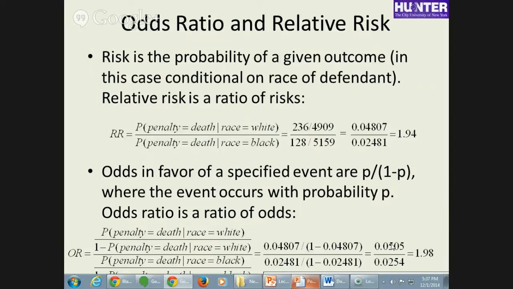So yeah, odds are not a super intuitive measure. They're the ones that we end up using in most statistical tests. We often use risk ratios in descriptive statistics because they're the more intuitive measure. But in logistic regression, we use the odds ratio just because it's convenient statistically.